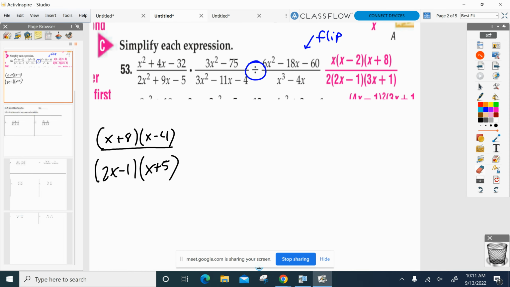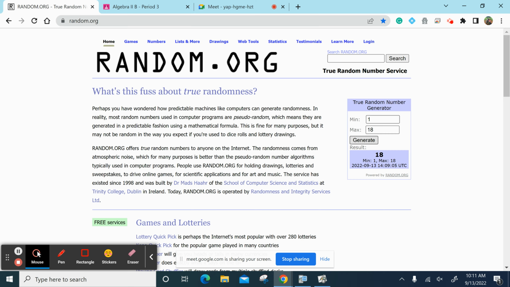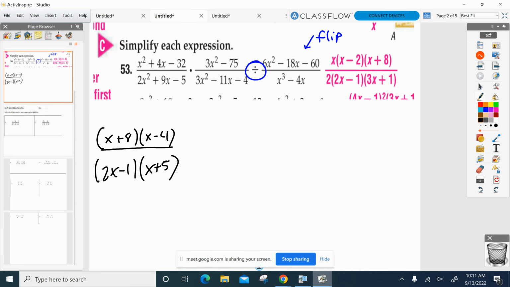Okay, next up, top middle. How do I factor that one? The 3x squared minus 75. I'm going to pick on all new people here. Okay, here we go. 3x squared minus 75. Great job. What's left? Just what's left first so everyone can see it.